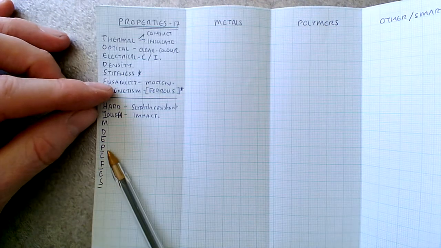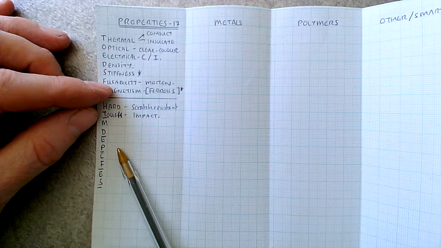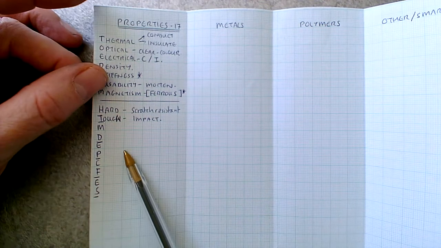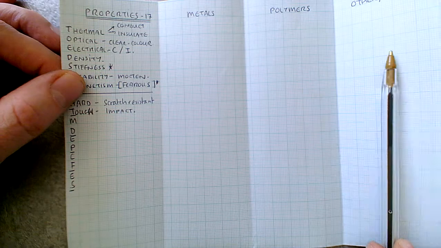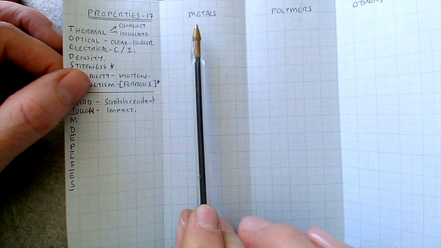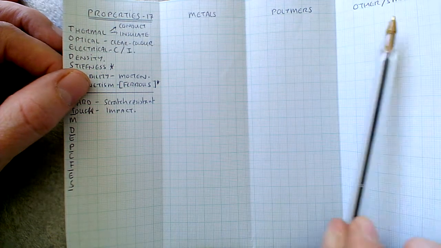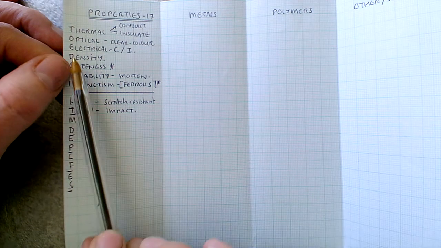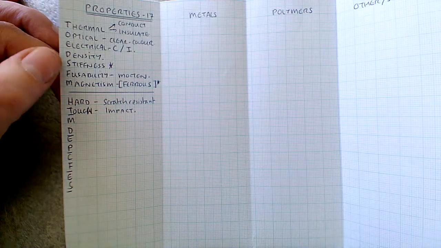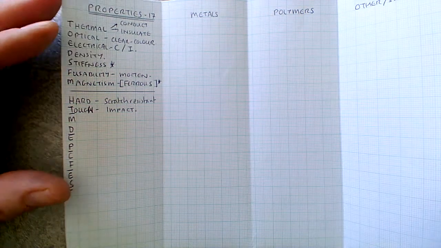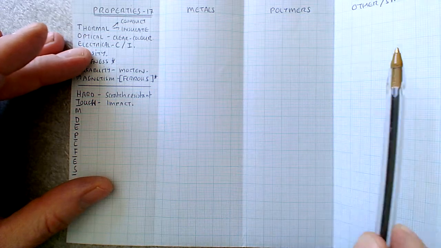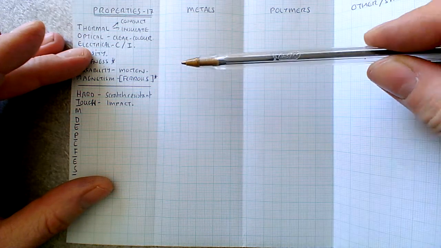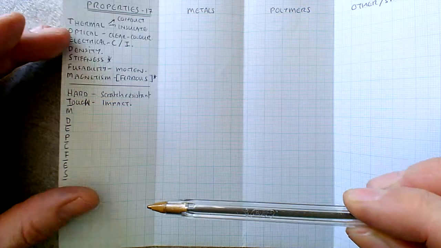Plastics actually comes down here, it's a property of material rather than an actual material in its own right. And this sort of A5 sheet then is going to contain a huge amount of information about the metals, polymers and other smart materials and their properties, and it's going to help me in the exam, because when I'm trying to remember something, I can remember this sheet and I can remember the layout in the columns and where the positions of information are.